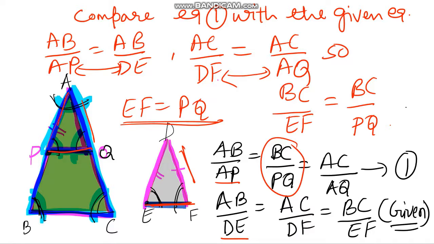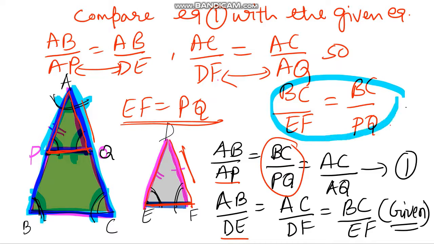We have taken AP equal to DE in our construction, AQ equal to DF, and now we have arrived at a point where PQ is equal to EF. From this equation, BC by EF equal to BC by PQ, we are getting EF equal to PQ.